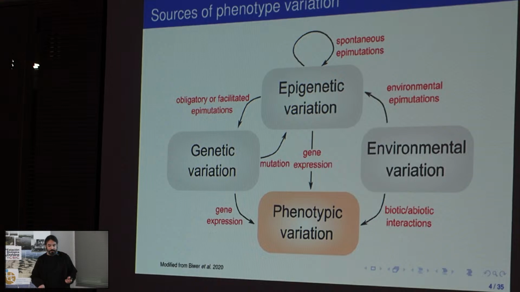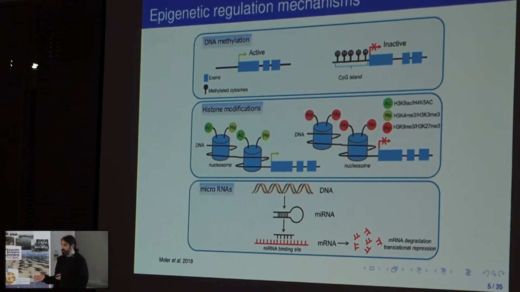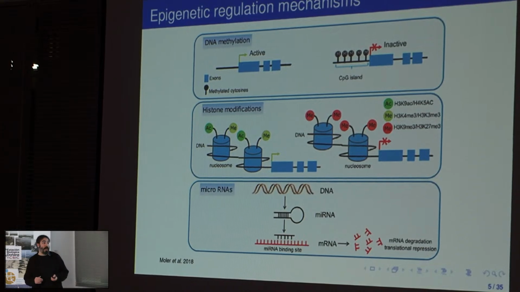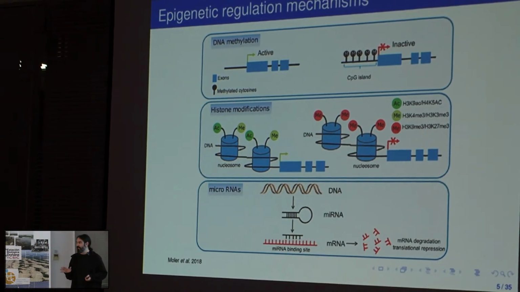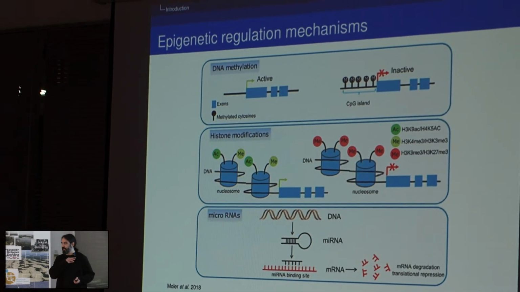I'm going to work with the definition of epigenetics as phenotypic changes that are independent of genetic changes or mutations. There are mainly 3 molecular mechanisms described for epigenetic regulation.